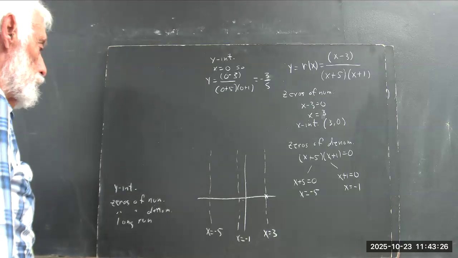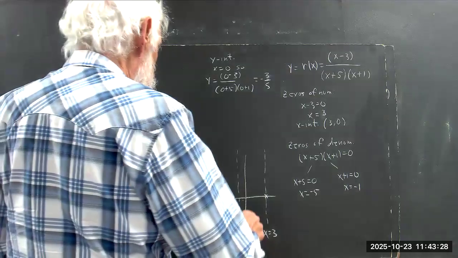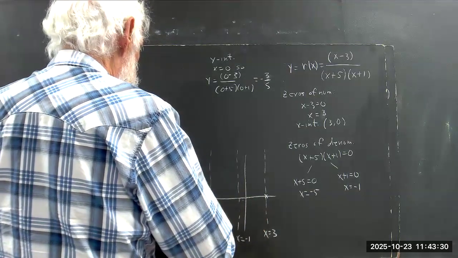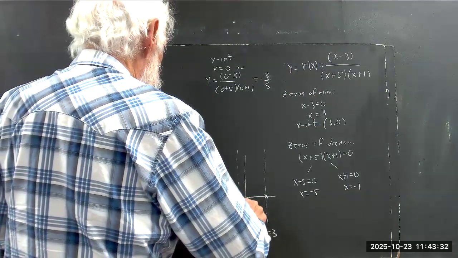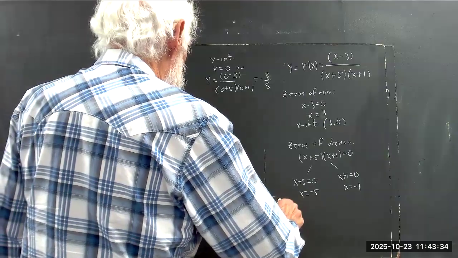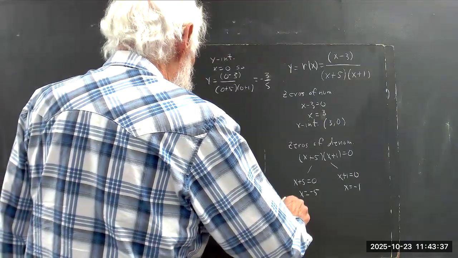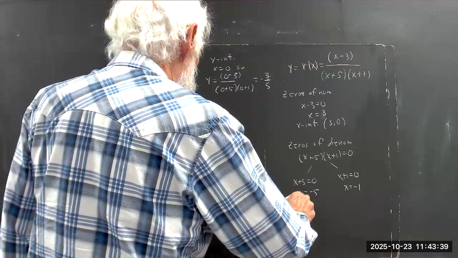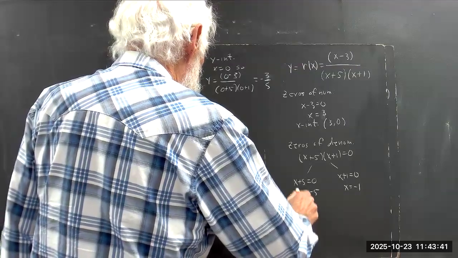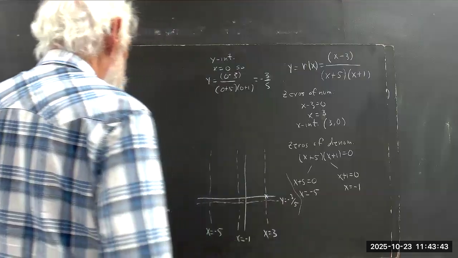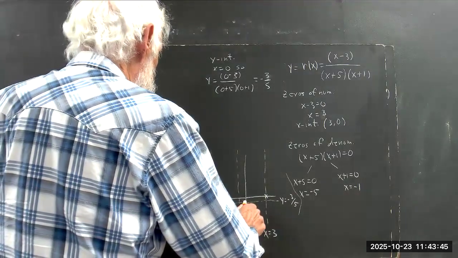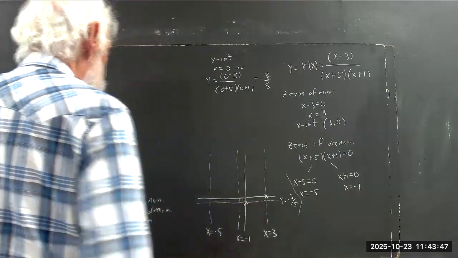That's probably going to be pretty close to the y-axis. So say y equals negative 3/5 is here. And here's our y-intercept.